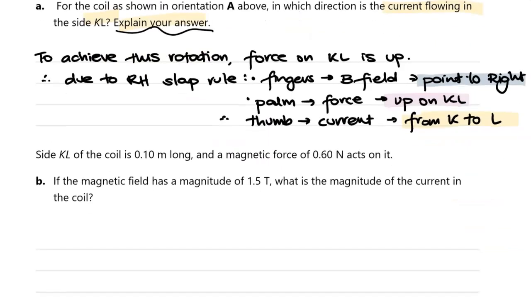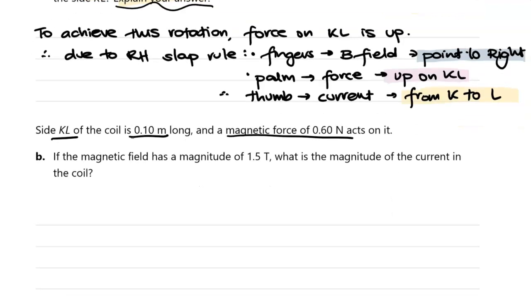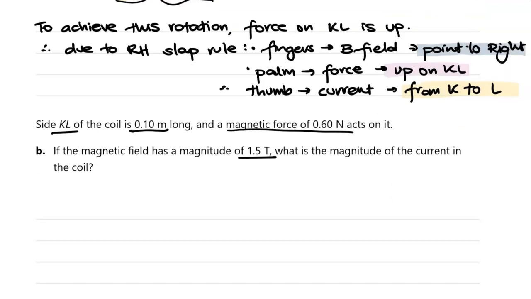Next part. Side KL of the coil is 0.10 meters long, and we're told the magnetic force is 0.6 newtons, and that's acting upon it. If the magnetic field has a magnitude of 1.5 Tesla, that's B, what is the magnitude of the current in the coil? So the equation that relates together the unknowns of what we need is F equals NBIL.